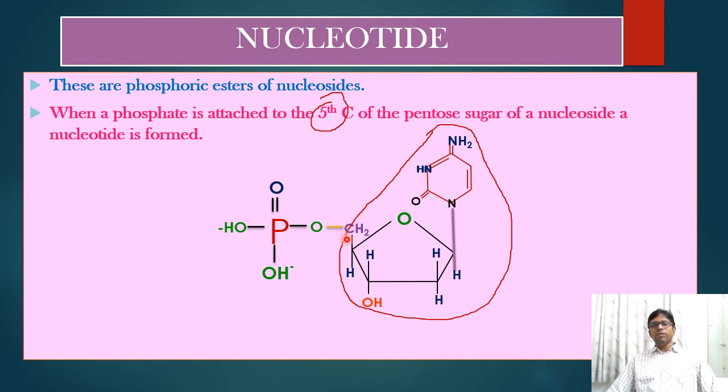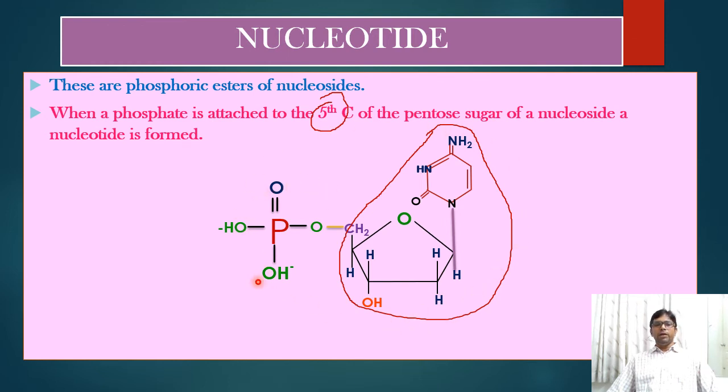This one is the phosphate. An ester bond is formed between the oxygen and the fifth carbon of this sugar. In this way, a nucleotide is formed. This is a nucleotide.